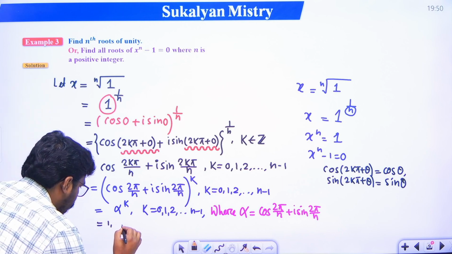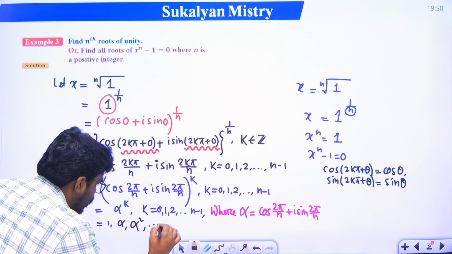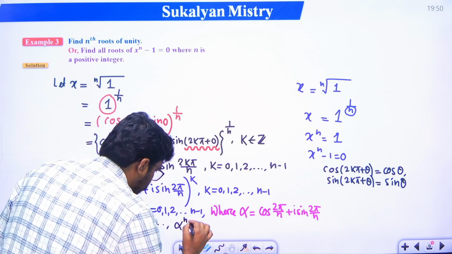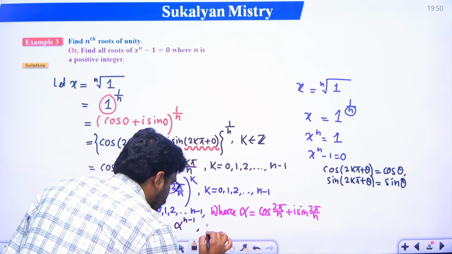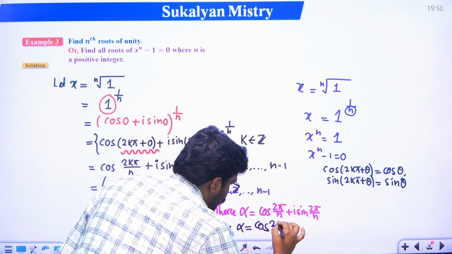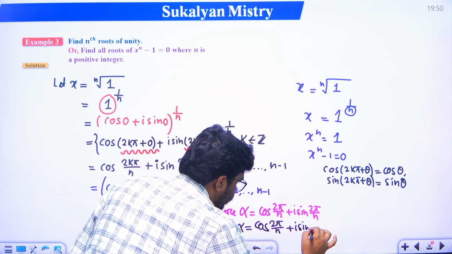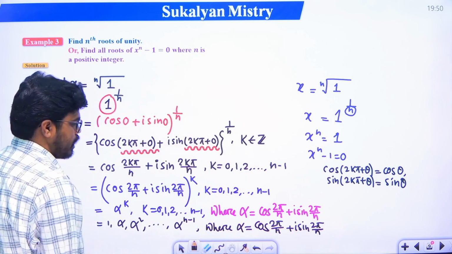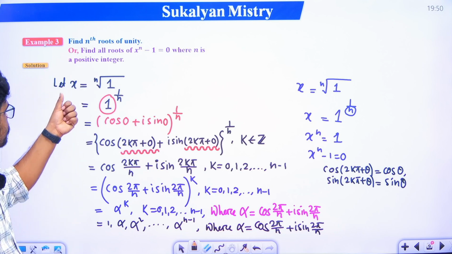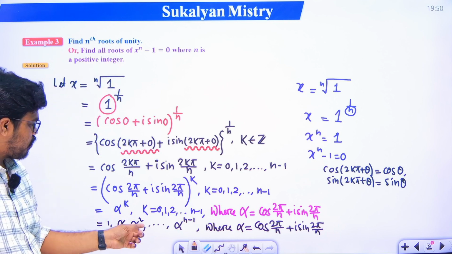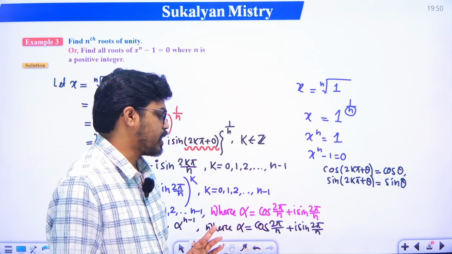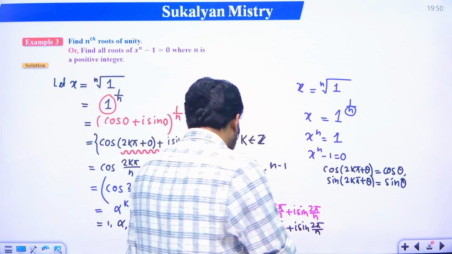So we get 1, alpha, alpha square, up to alpha to the power n minus 1, where alpha is cos 2 pi by n plus i sin 2 pi by n. So the nth roots of unity will be 1, alpha, alpha square, up to alpha to the power n minus 1.